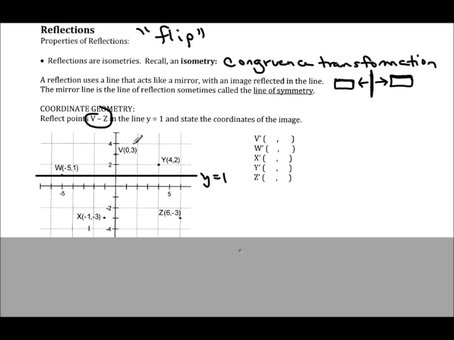So that just means that for each point, I have to figure out how far away it is from the line and then make the image that much far away from the line going in the other direction. So for example, V here is at 0, 3, and it is 2 units away from the line. So V prime has to be 2 units away from the line on the other side. And that point would be 0, -1.